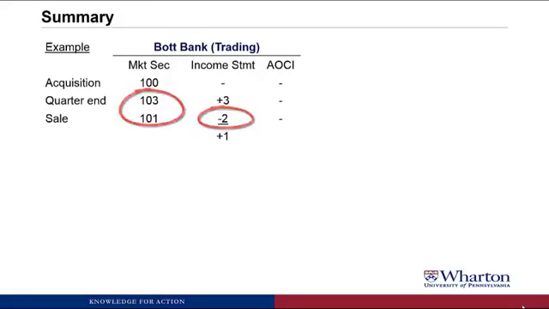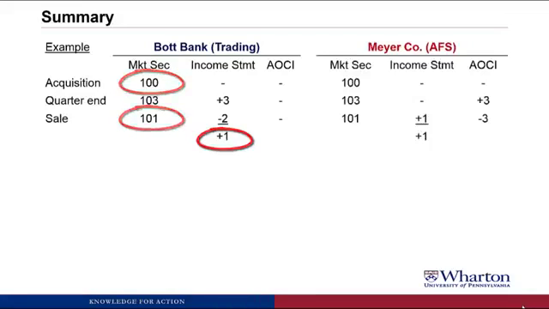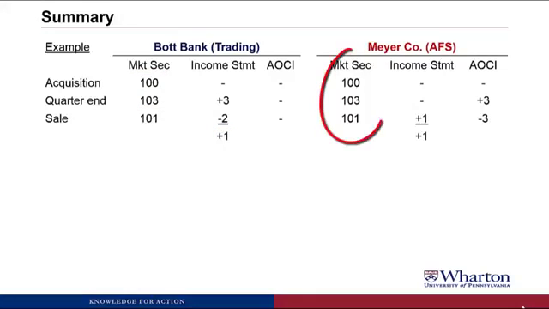Overall, the total gain shown on the income statement across the two periods was +1, which equals the realized gain, the difference between what we bought it for, 100, and what we sold it for, 101. For Meyer Company, it had the same pattern for marketable securities. They bought it at 100, wrote it up to 103, that showed up on the balance sheet, and sold it for 101.